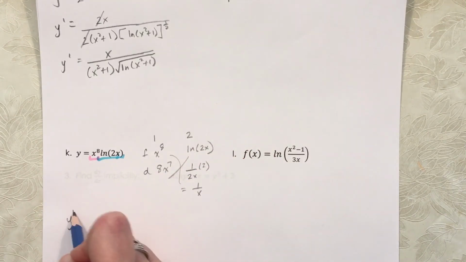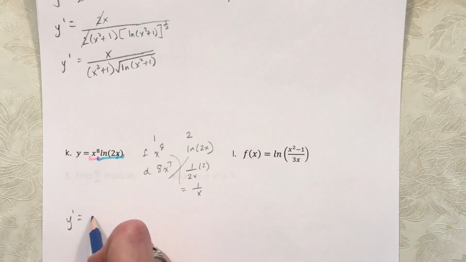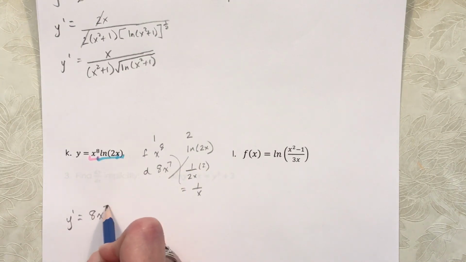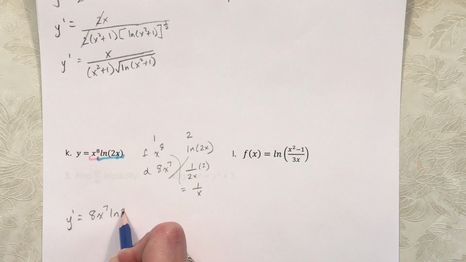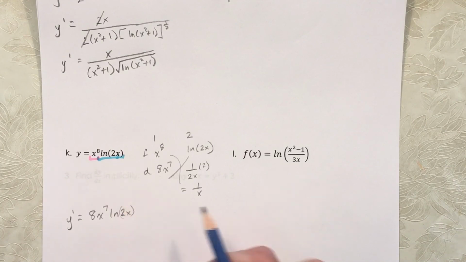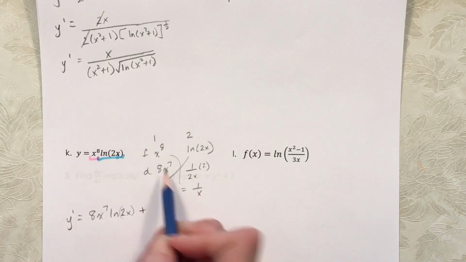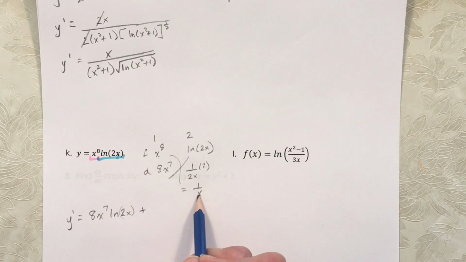So if I come down here and I use the product rule, y prime is going to be derivative of the first times the second. So 8x to the 7th ln of 2x plus, and then x to the 8th times 1 over x is x to the 7th.